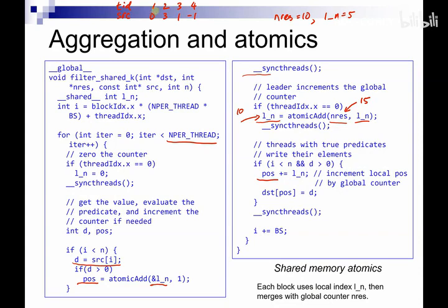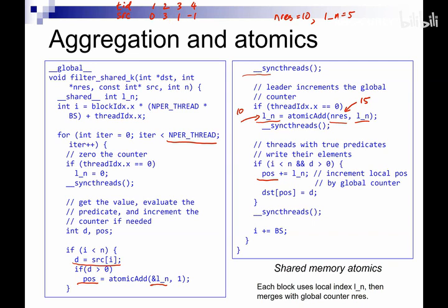So the position here, what's going to happen is the first thread doesn't have a positive value, so therefore he doesn't do the atomic add. Initially ln is equal to 0, and the first thread doesn't increment ln.